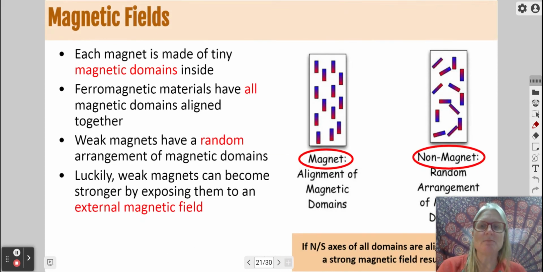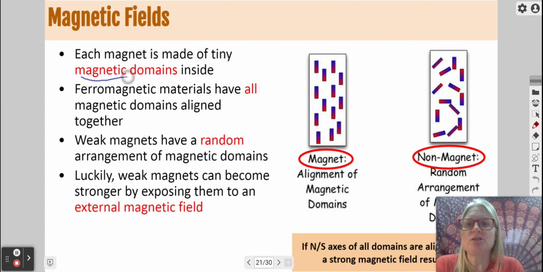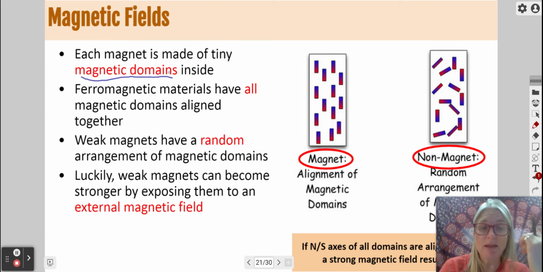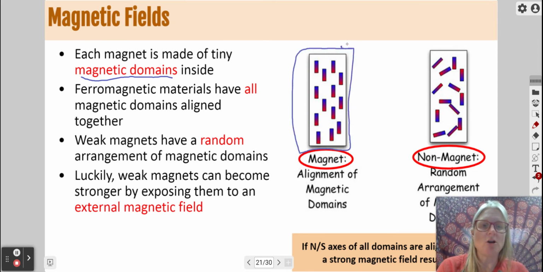So what makes things magnetic and not? Inside of everything, there are these tiny magnetic domains. Think of them as mini magnets inside. When they're all aligned in a compound or an element or a substance, then you have a strong magnet or something that's magnetic.